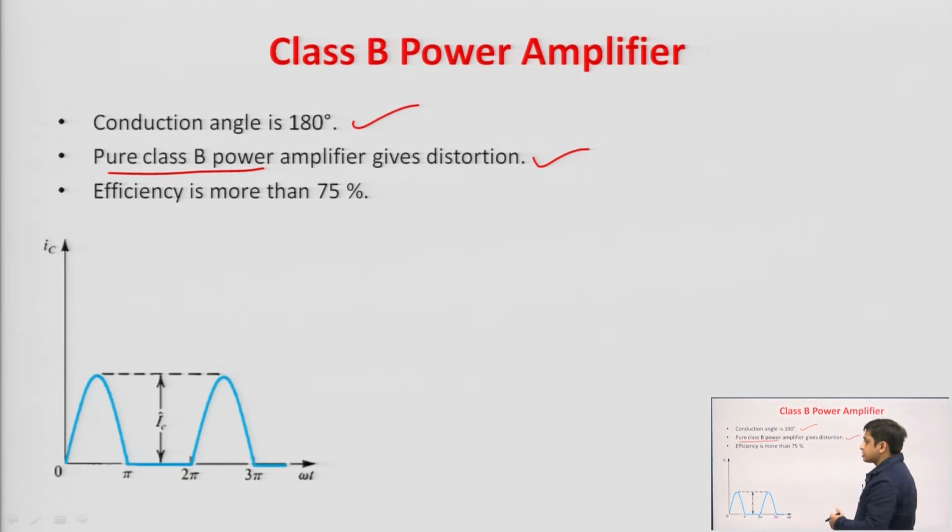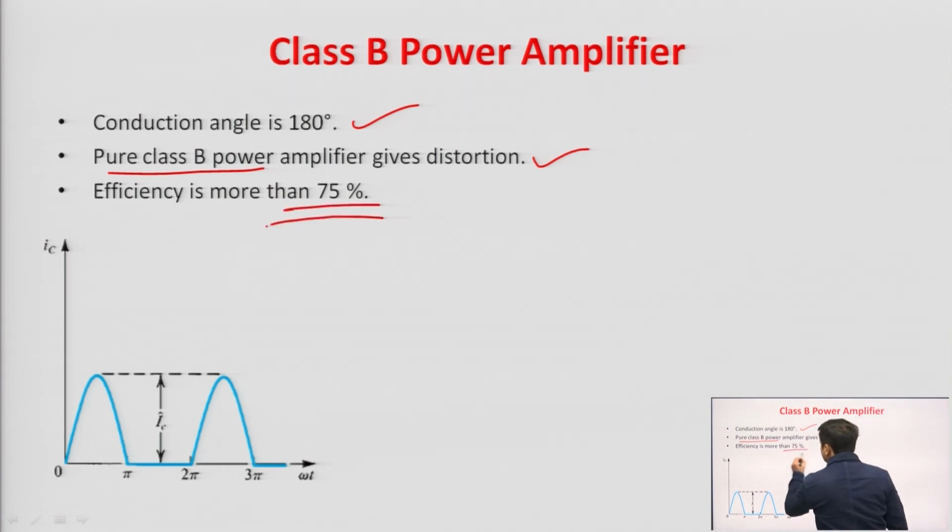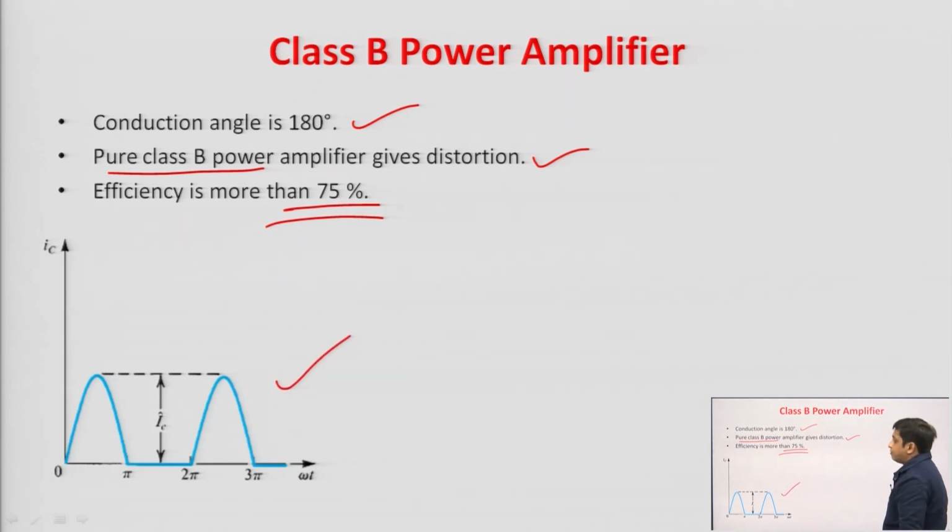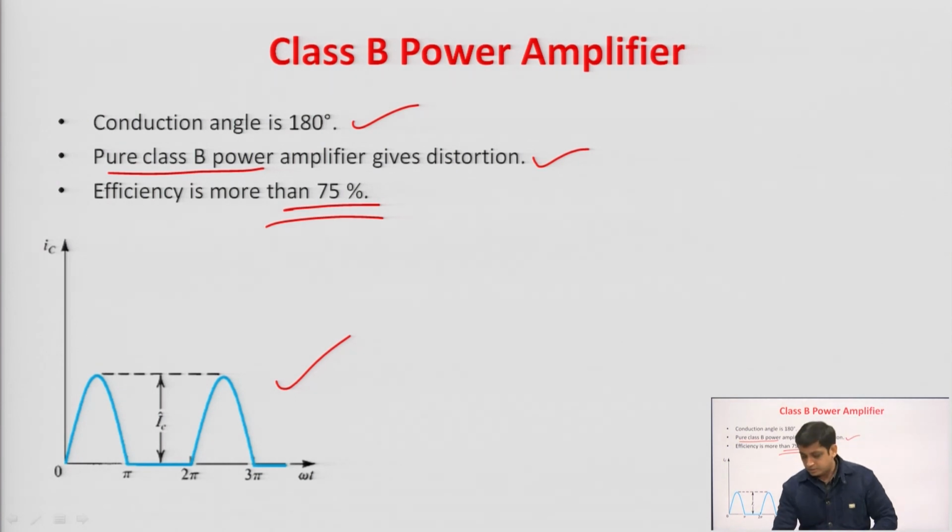There will be distortion, but the efficiency is more than 75%. In general, the maximum efficiency which we get is 78% for class B power amplifiers, and this is the collector current waveform for class B amplifier. We can see that the output current, that is the collector current, is flowing only for the half cycle, from 0 to pi.